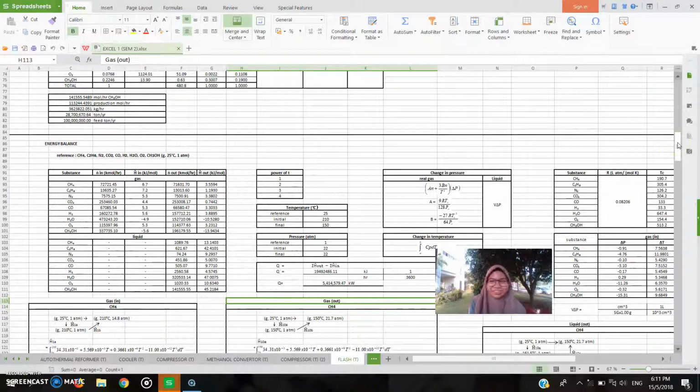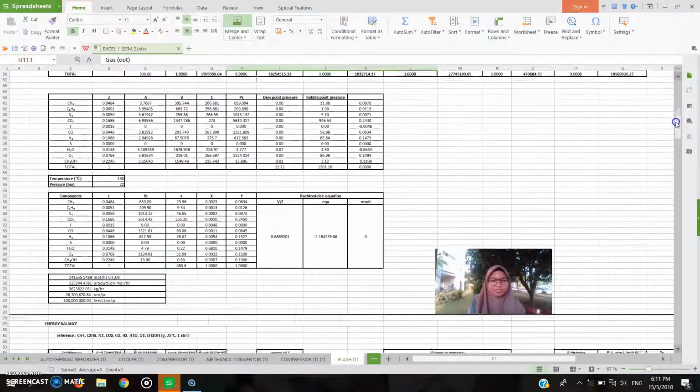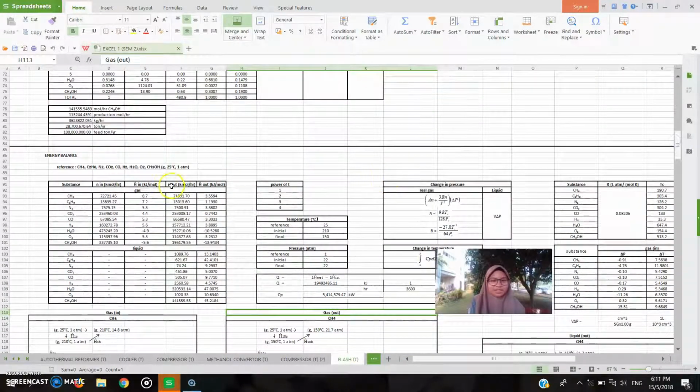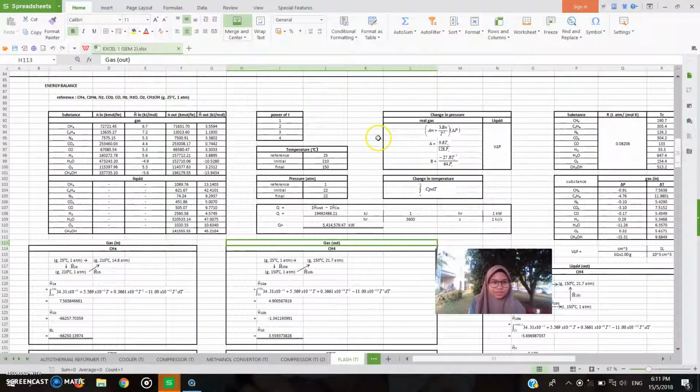Okay, so now we're going to move on to the flash. For our flash, all of our references are based on table B2, and we calculate the H by using table B2. Since it is a gas, we are going to use the change in pressure by using the AN plus 3BN over T squared times the change of pressure formula.